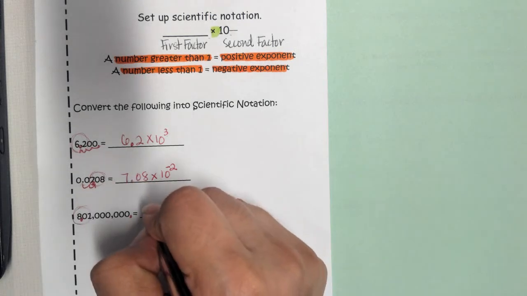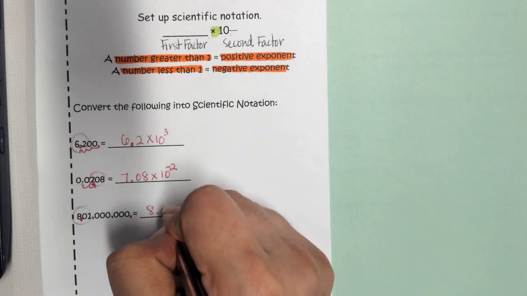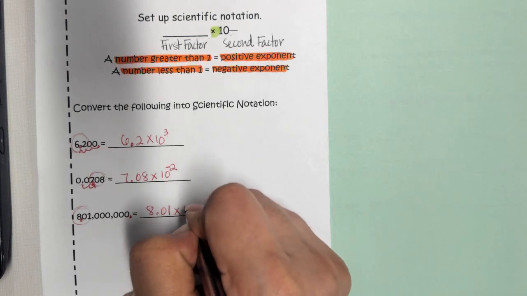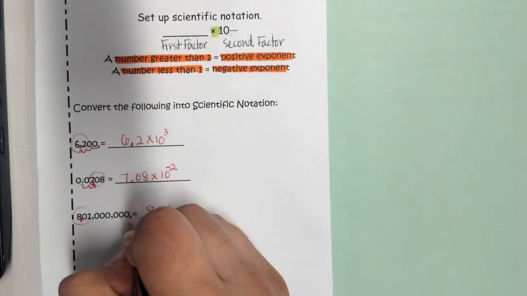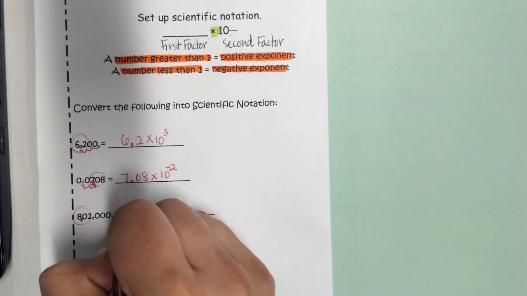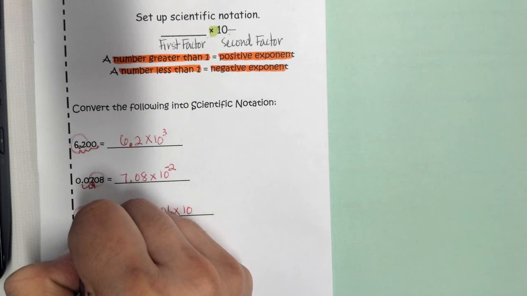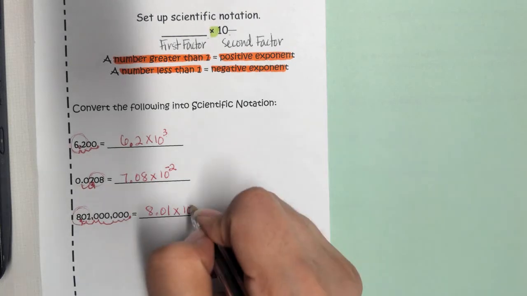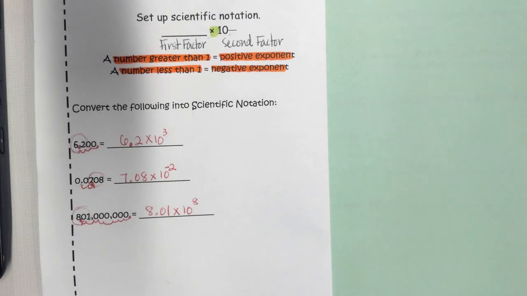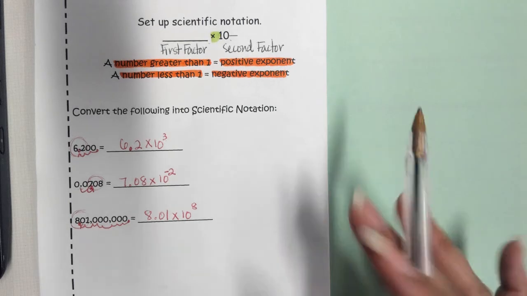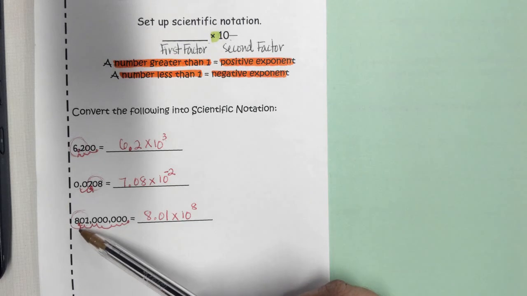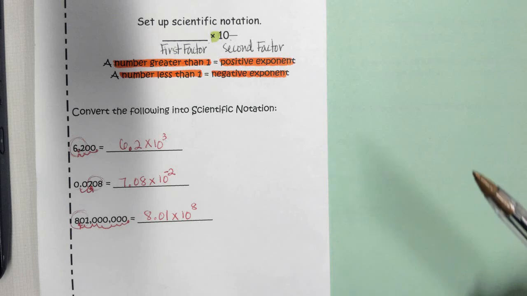So I would go ahead, my first factor would be 8.01 times 10. How many times did I move the decimal? 3, 4, 5, 6, 7, 8. So I moved it 8 times. And again, I'm going to ask myself, is my number greater than 1? Well, 801 million is greater than 1, so I keep it as a positive exponent.